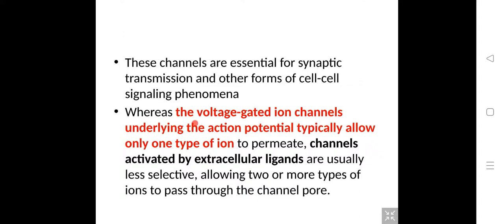Anyway, ion channels underlying the action potential will typically allow only one type of ion to permeate.